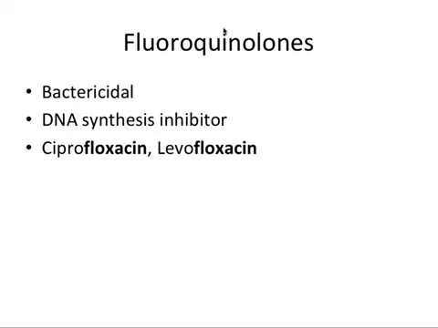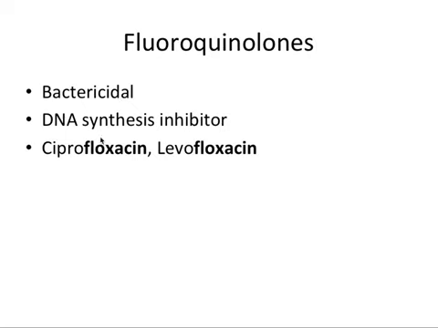Alright, next, we have the fluoroquinolones, and these in contrast are bactericidal. Like we said, they kill rapidly growing bacteria. And again, knowing their specific mechanism of action, what they do to either slow or kill bacteria is much more important on the exam than just knowing if they're cidal or static.